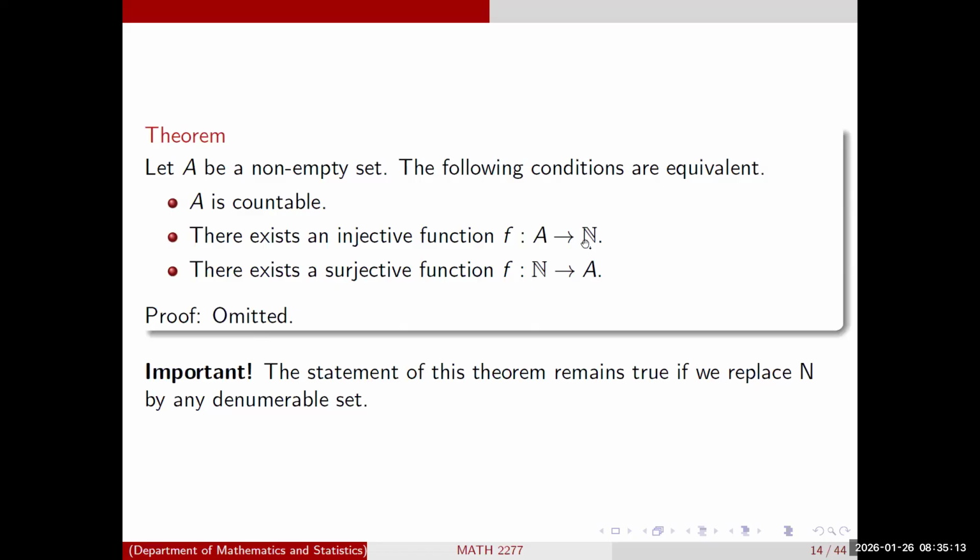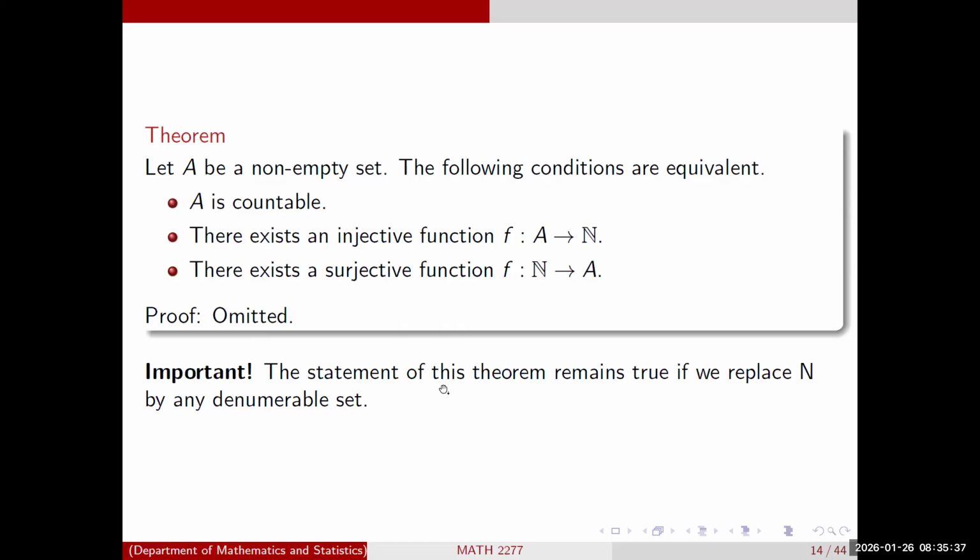In fact, you see the natural numbers over here. You don't even need to use the natural numbers, because we know that equivalence of sets is an equivalence relation. We can substitute for the natural numbers any other denumerable set that we have.